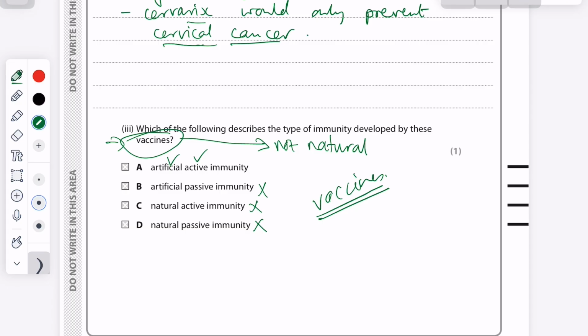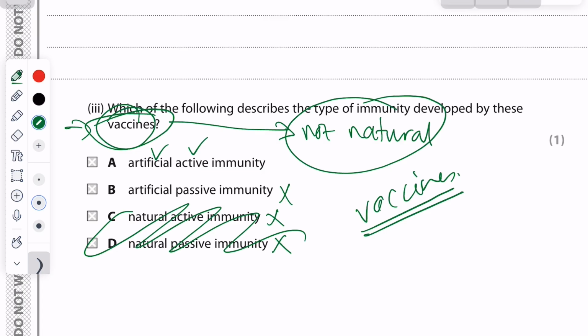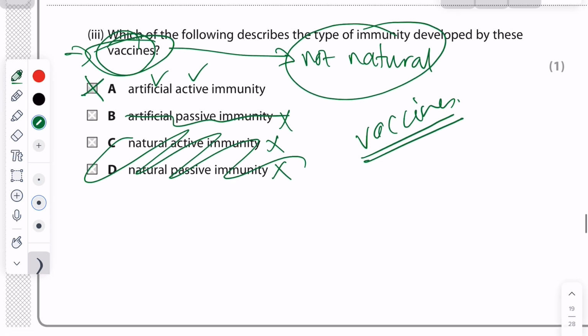So, because it's a vaccine, it's not natural. So it's definitely artificial, so we can get rid of C and D. And then we've got artificial active and artificial passive. Now, we're not injecting antibodies. It is a vaccine, so it's not artificial passive. So we will go with A there.